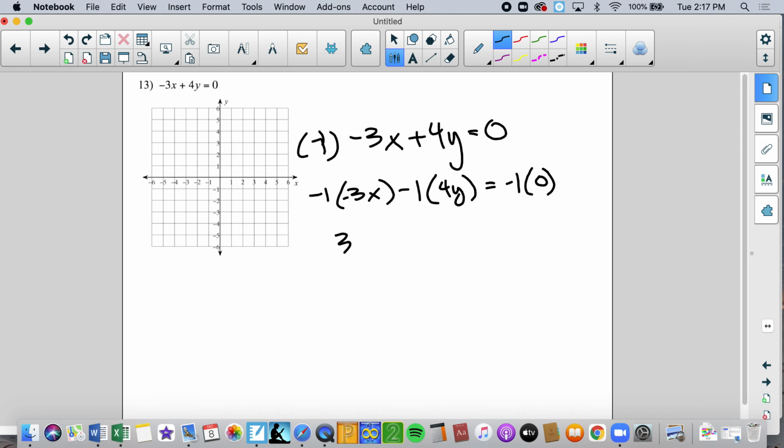That gives me 3x minus 4y equals 0. That makes my x-intercept 0, and my y-intercept also equals 0. So I know that one of my points is there.